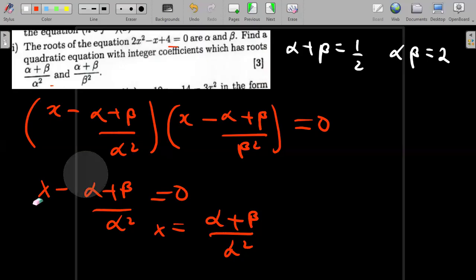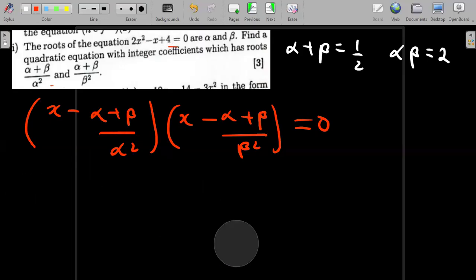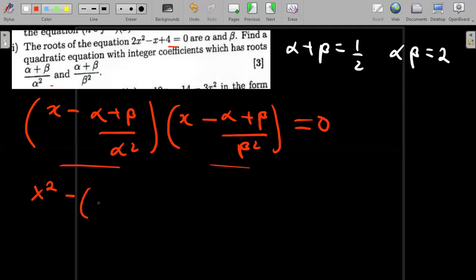So now let us work out this. What we do to find that quadratic equation is we're going to expand here. When we expand, which means I'm multiplying this part with this part, I'm going to have x multiplied by x, so I'll just have x squared. Then I have this part here, negative (alpha plus beta) over alpha squared multiplied by x, and that just gives me negative (alpha plus beta) over alpha squared x.